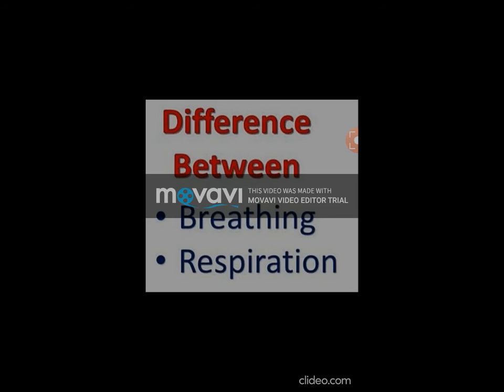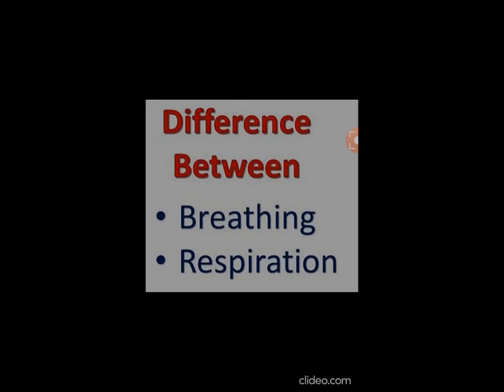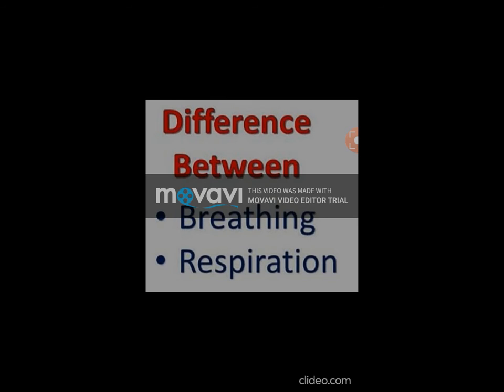It occurs in different steps and involves the action of several enzymes. The energy released in the process of respiration is chemical energy. This chemical energy gets stored as ATP, that is adenosine triphosphate molecules.